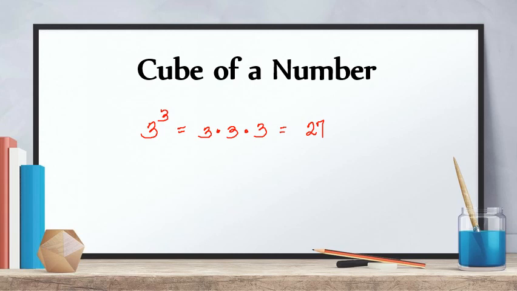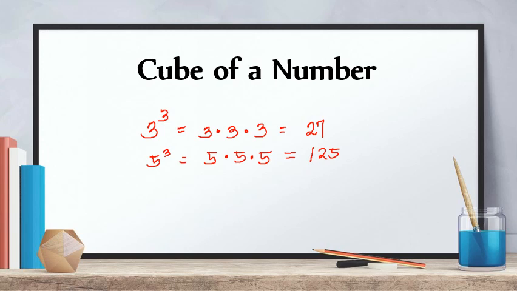Another example. What is 5 cubed? Is it 15? No. That is 5 multiplied by 5 multiplied by 5. 5 times 5 is 25 times 5, 125. Another.